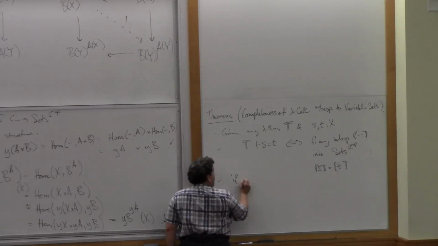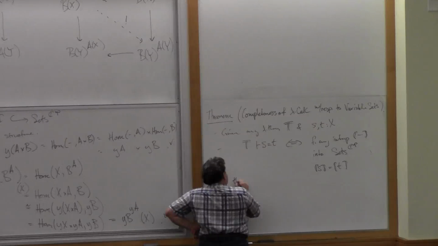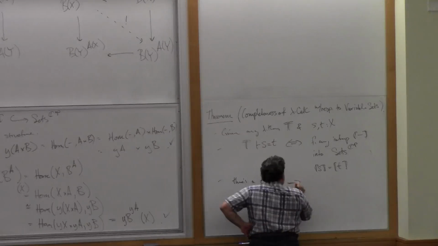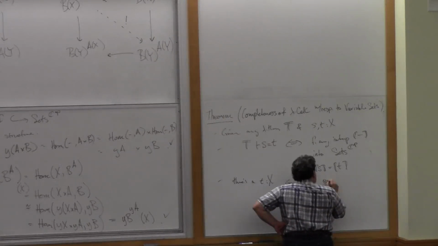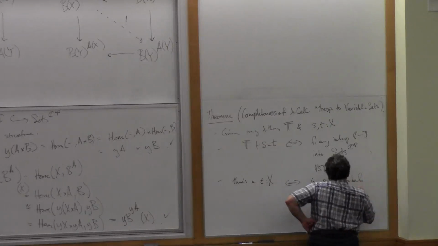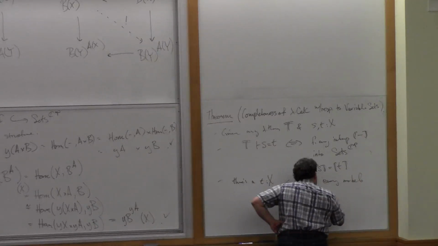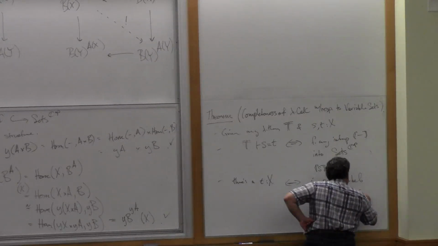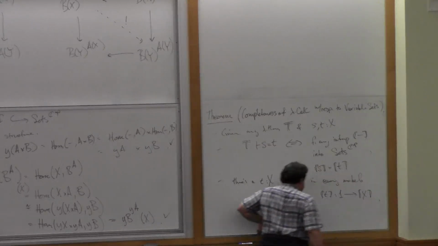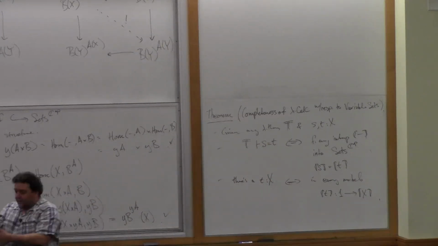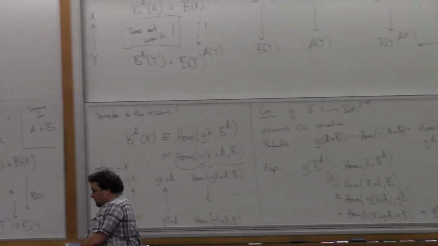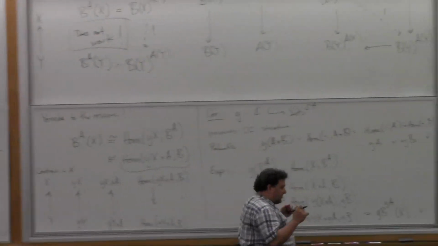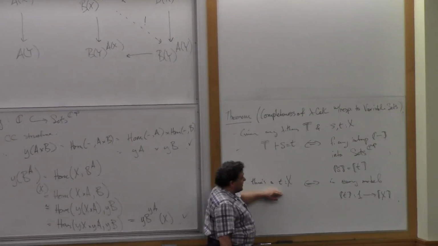So there's a term T of some type X if and only if in every model there's a closed term T of type X, there's an arrow from the terminal object into the interpretation of X. So that's provability in terms of inhabitation, and it's completeness in terms of convertibility of the terms.